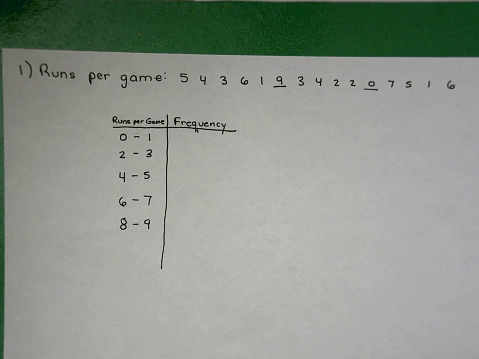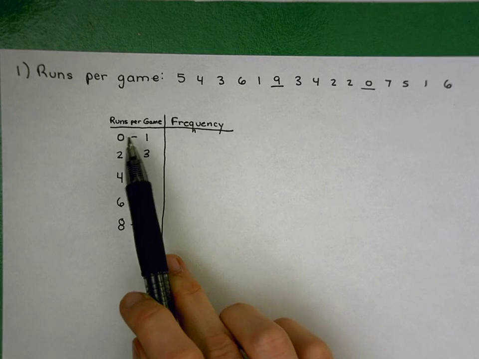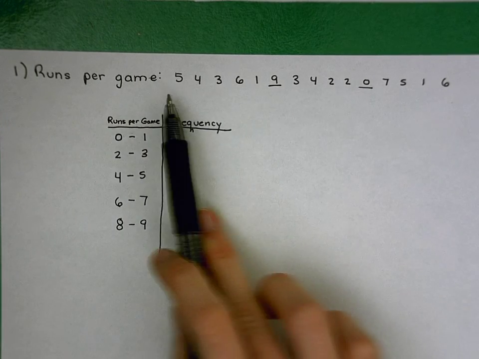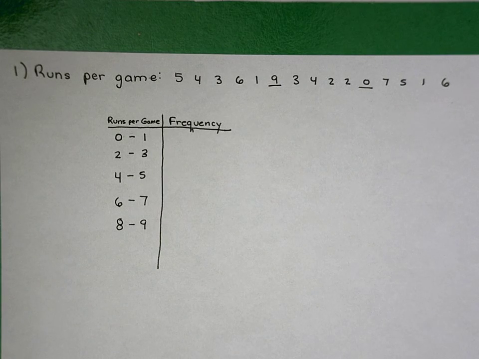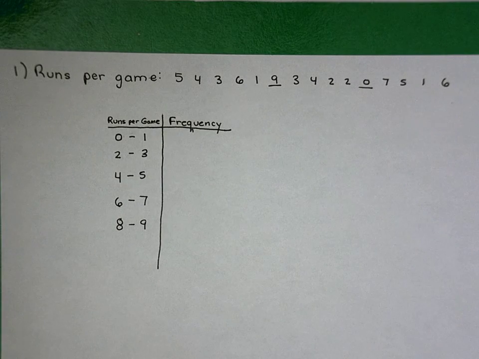Okay. The frequency column then is how many data values do I have that are in each of these intervals. So 0 to 1, how many of these data values are 0s or 1s, or if there had been decimals, lie between 0 and 1. In this case, there aren't any decimals, so we're really just concerned with the integer values. How many 0s and 1s do I have?